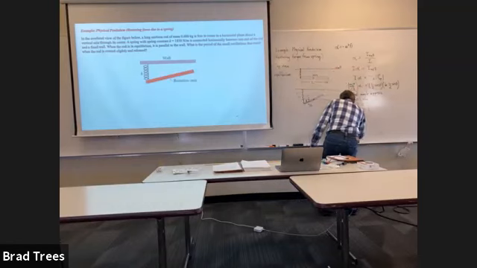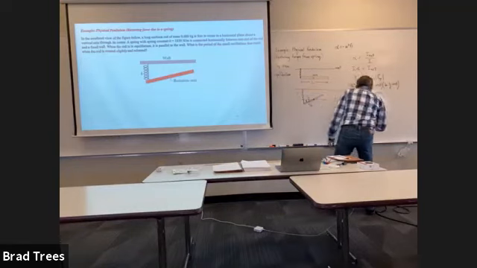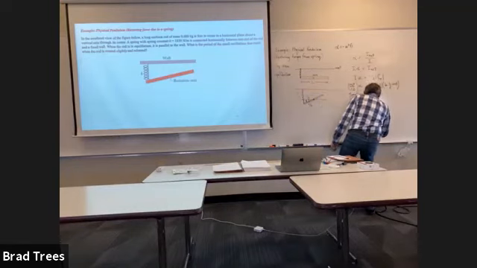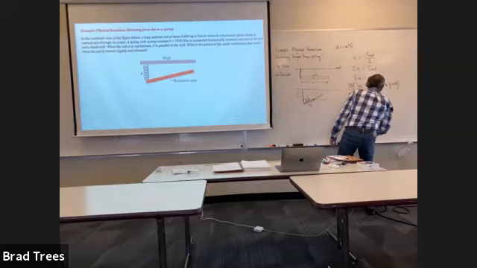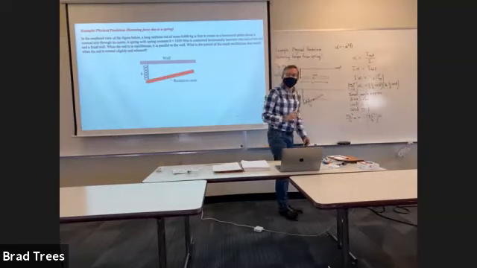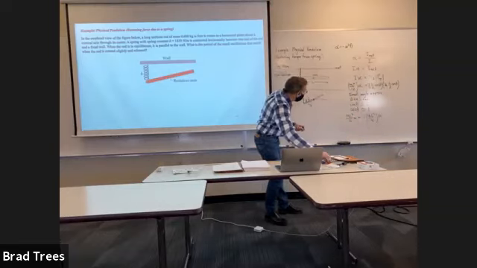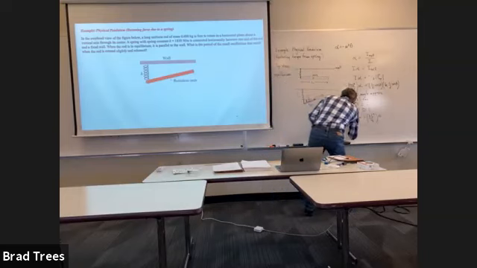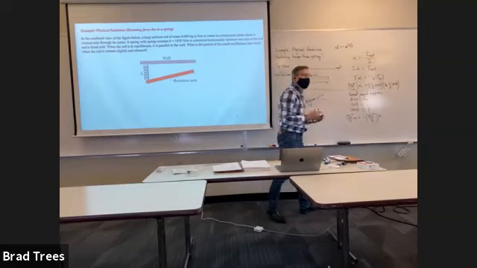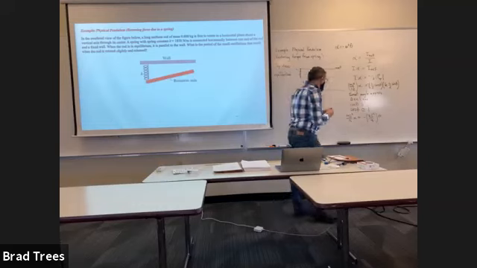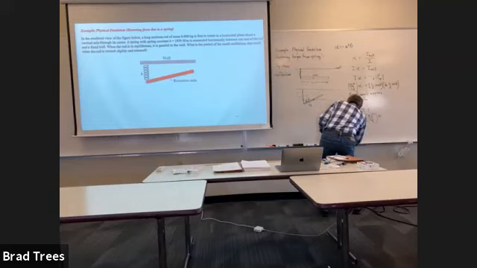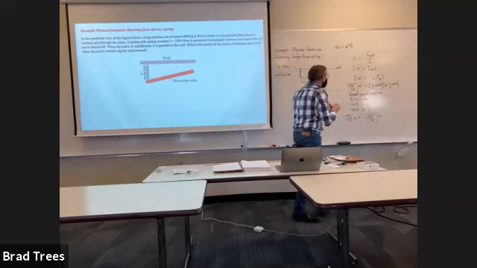And then I have ML squared over 12 times alpha equals negative, what's left? K L squared over 4 times theta. Let's see if things simplify. Oh, look, the L squareds on both sides cancel. And I can do some canceling here and leave me with a 3.